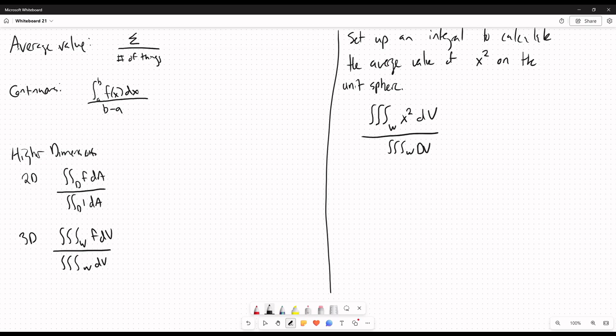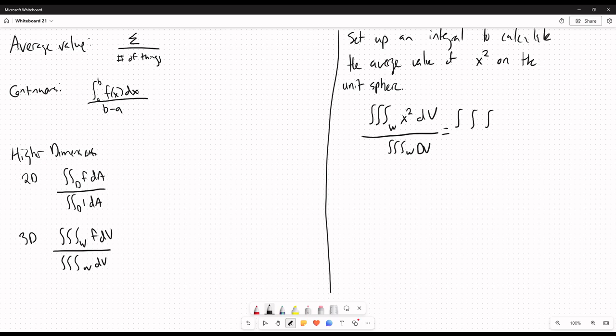Now, okay, that's a little lazy. I wouldn't actually be able to calculate this. I would need to do some work. One thing I could do is figure out what my bounds of integration are for the sphere, or I could change to spherical coordinates. If you remember, when we do this change of coordinates, then we need to use the Jacobian, but we have a nice little thing that we just remember for spherical coordinates.